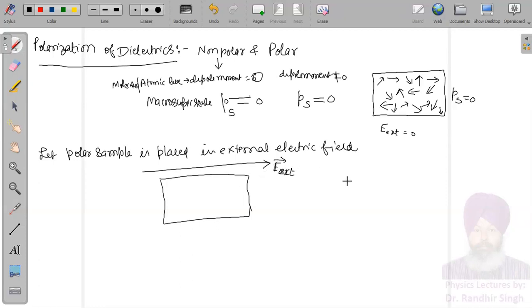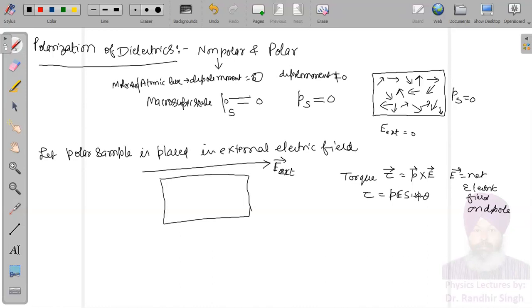Then you know that every dipole experiences torque in external electric field, and the vector form of torque is P vector cross E vector, where E vector here is the net electric field. Please remember, E vector is the net electric field on dipole. The magnitude of this torque is given by P E sin theta.